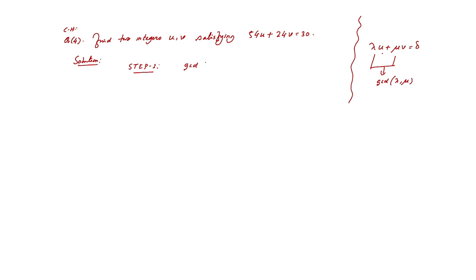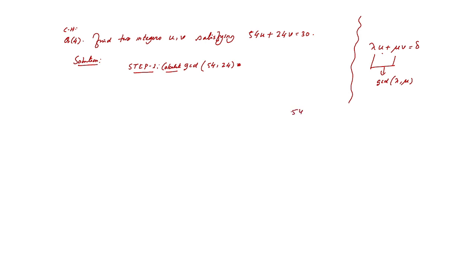So first we will find out GCD of 54 and 24. That is our first work. We will calculate GCD of these two numbers.